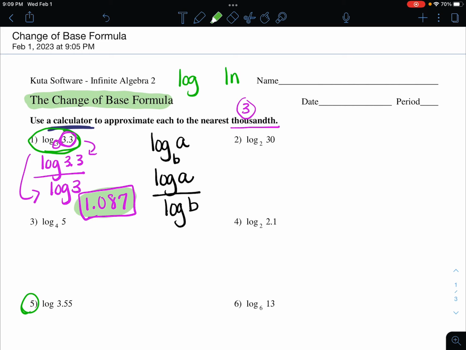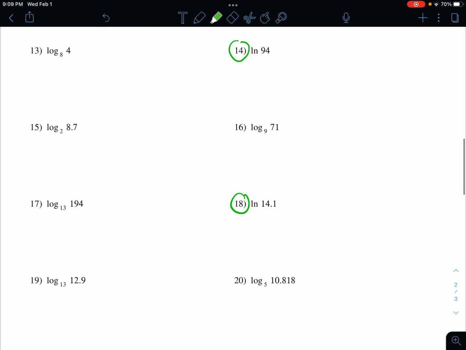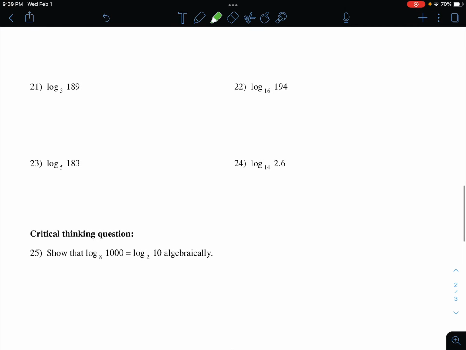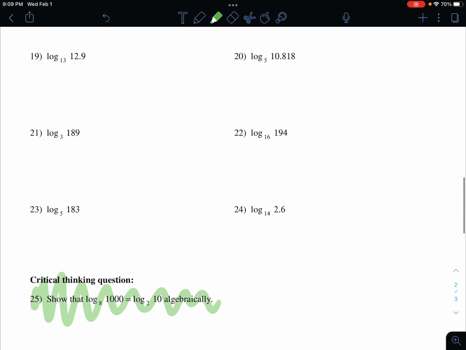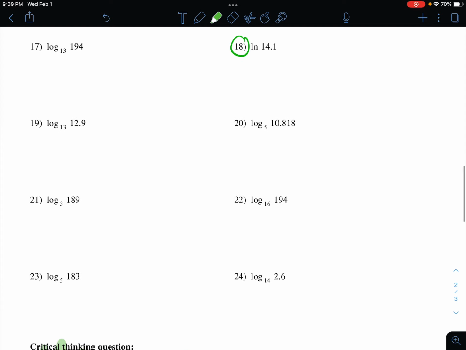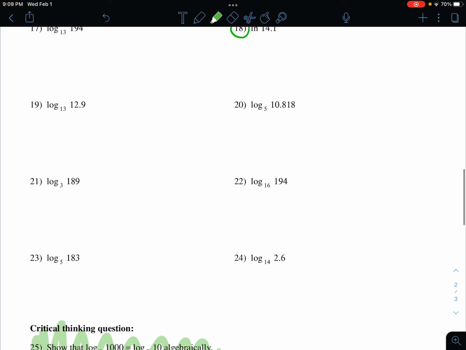And that's really it. That's all you're going to do on every single rest of these problems. And there's not one that's hard or weird. Don't worry about number 25, you don't have to do number 25. I just want you to practice being comfortable with your calculator and rounding to the nearest thousandth. Again, that's 3 decimal places.